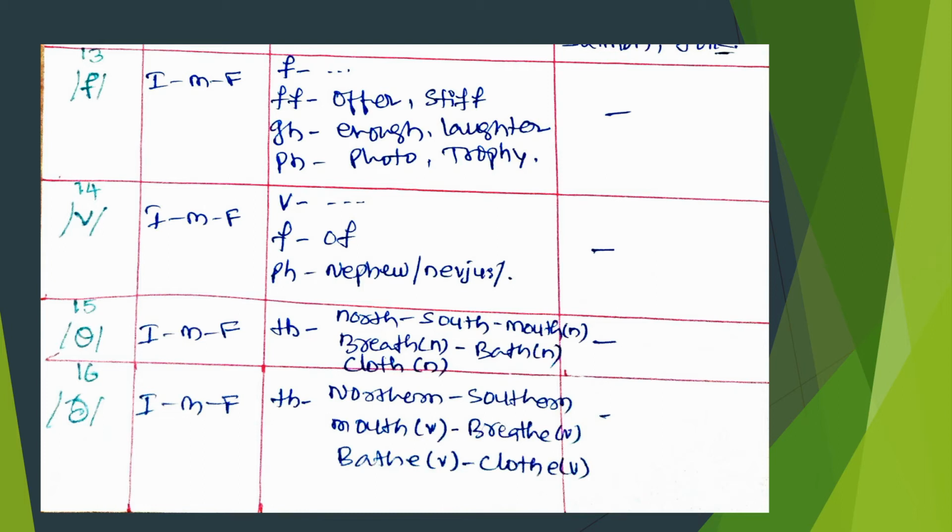You see, PH is usually f, but in some words PH is also v. For example, nephew. Okay. Now, this will not happen silently.